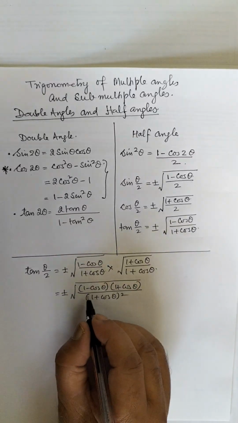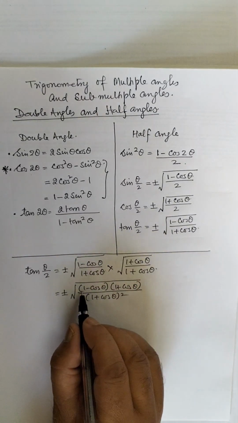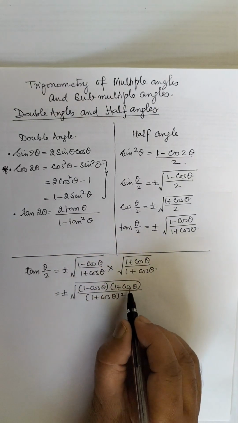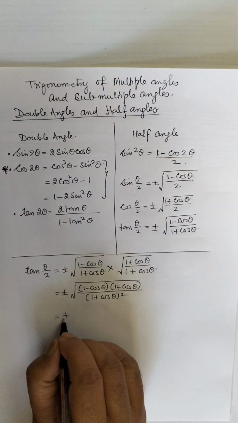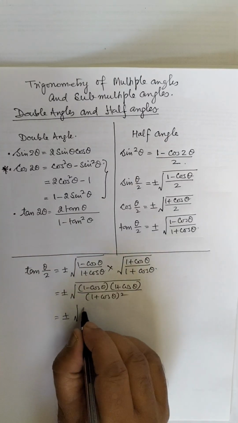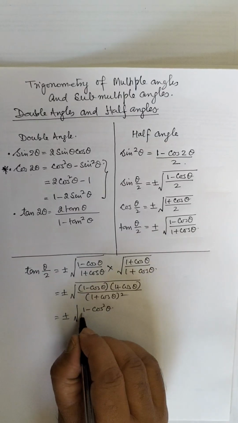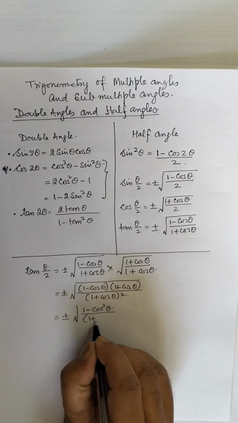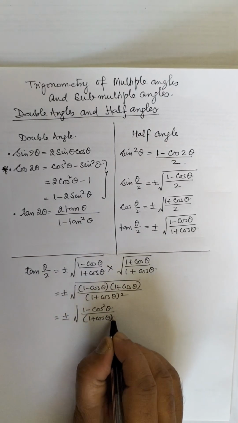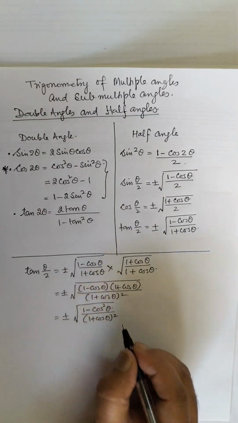Now here we will make use of the identity a minus b into a plus b, which is nothing but a square minus b square. That is 1 minus cos square theta upon, this remains as it is, 1 plus cos theta the whole square.